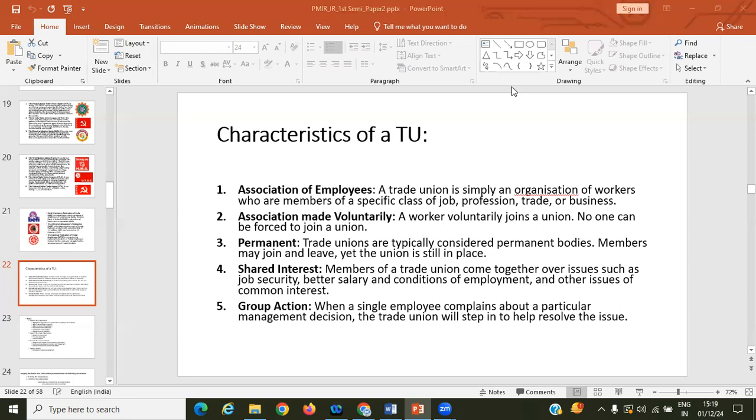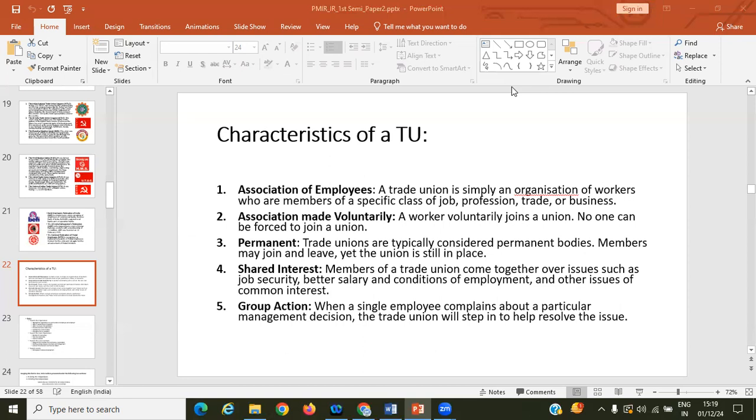So a lot of things the union does as a group action. But I was talking about collective bargaining. When a single employee complains about a particular management decision, the trade union will step in to help resolve the issues.